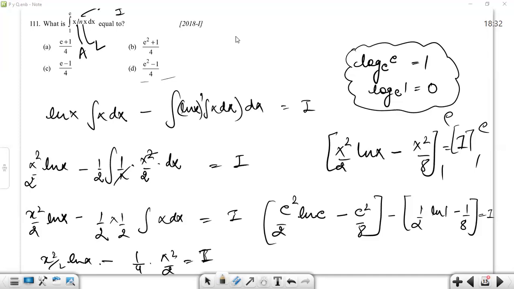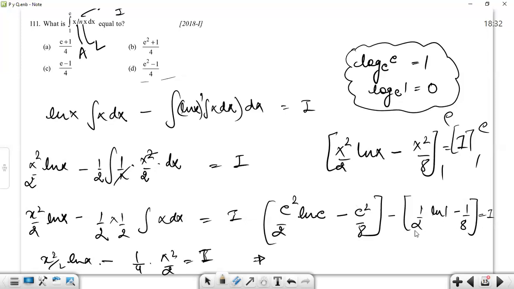Do you know about logarithm? No idea, sir. Okay, so we'll cover that. No problem. We'll include that first in our planned syllabus.